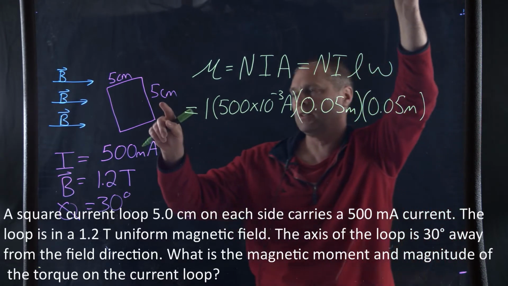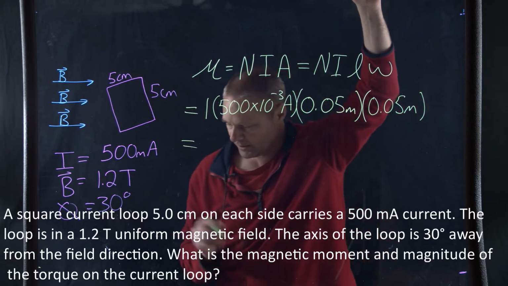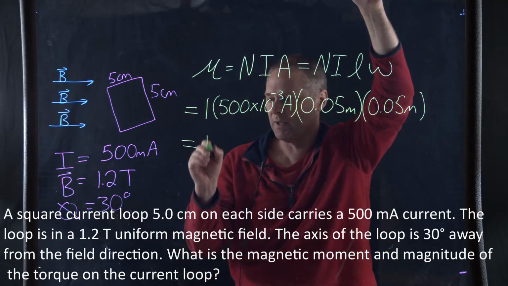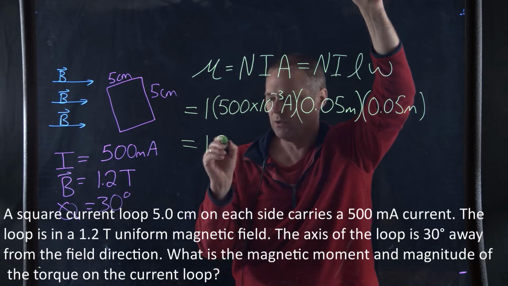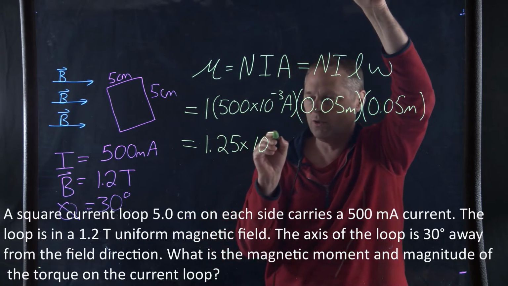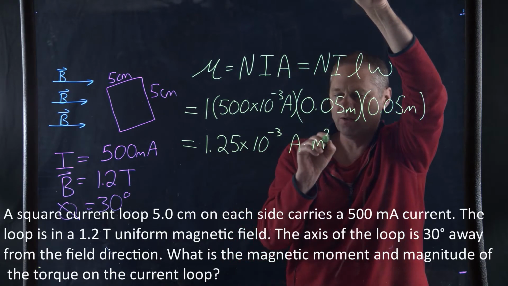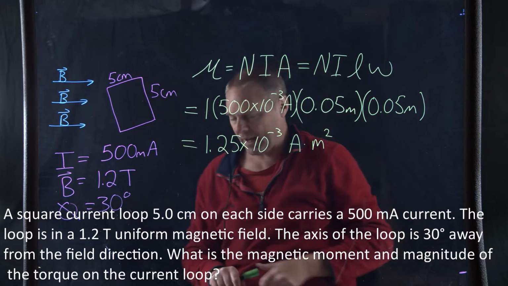So all I've simply done is I've converted the centimeters into meters. If we go through and do this arithmetic, we will end up getting 1.25 times 10 to the negative 3rd amp meter squared is going to be our magnetic moment.